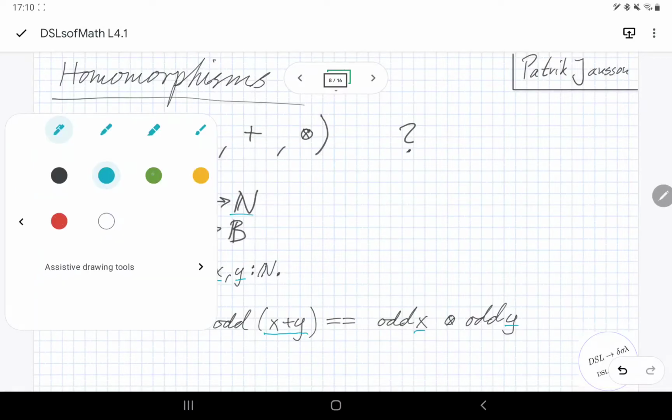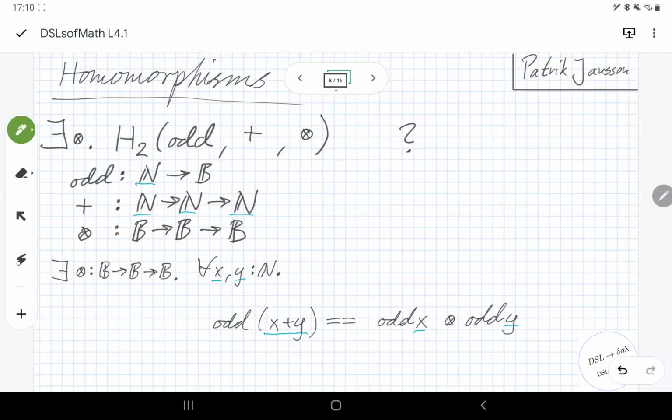And then we have the translator, which goes from blue to green, the odd function. And then we have green types, and the result of applying odd to x and y. So the result here, the result here, and of course also the combined result, they are all Booleans.